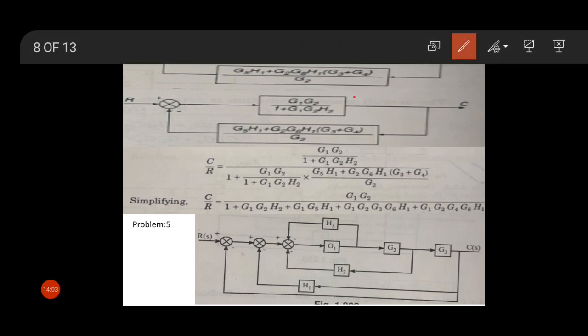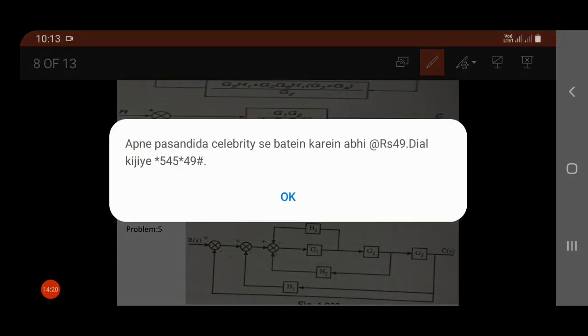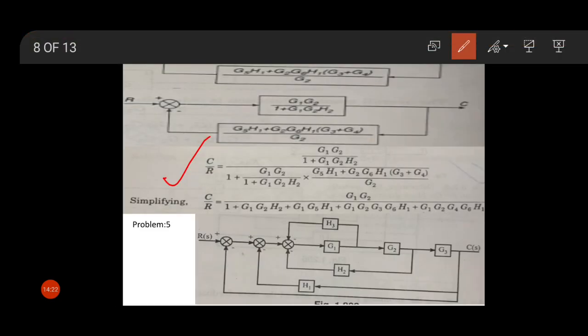After removing the first feedback loop, the upper one, we get this gain of the block. Now we remove this second feedback loop. After removing the second feedback loop, we get our transfer function.